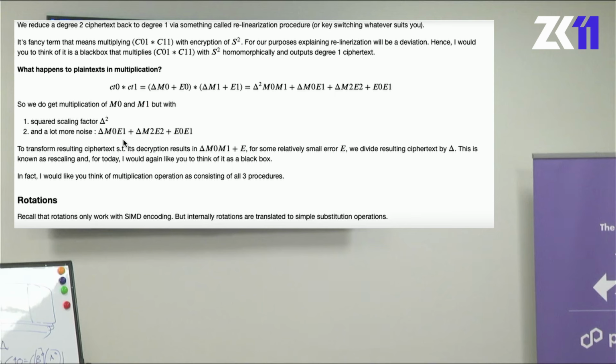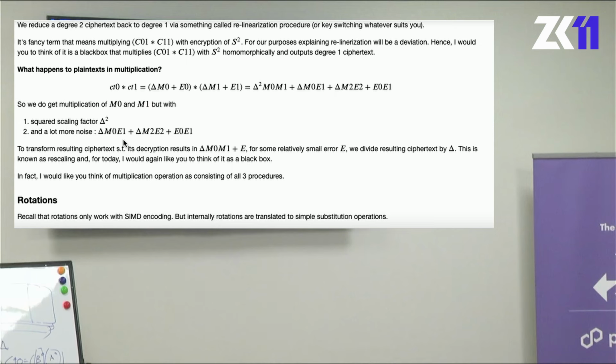But the error is increased also because you multiplied M0 and E1, and the error that is induced depends on the size of M0, because when you multiply a big value with a small value, the resulting value would depend on the big value, hence the error in this case depends on M0.